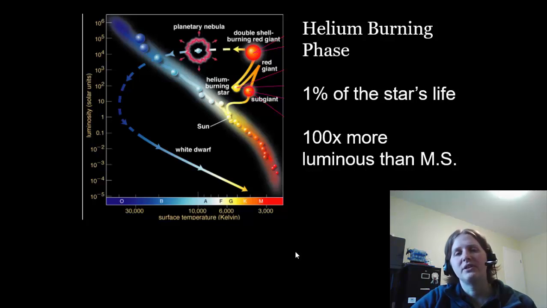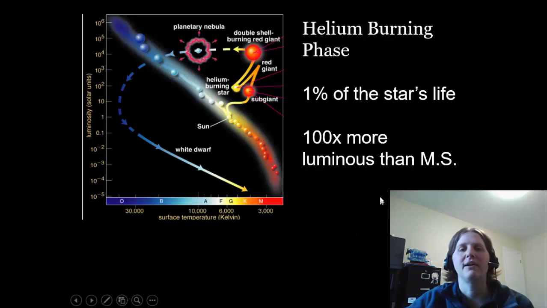Before we get to the next phase, let's just take a look at what this was doing on the HR diagram. While it was main sequence, it was stable. And then the core was shrinking, causing that shell fusion to go crazy and the star to expand. So that's what's happening here, the star is expanding, expanding.